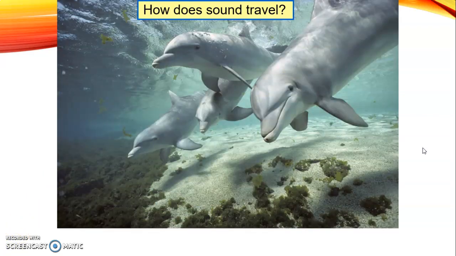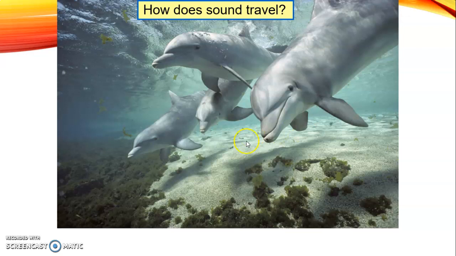How does sound travel? Sound can travel through solids, liquids, and gases. In fact, sound tends to travel with the greatest speed in solids and the slowest speed in gases. Water, as you can notice in this picture, is a good medium for sounds like dolphin sounds.